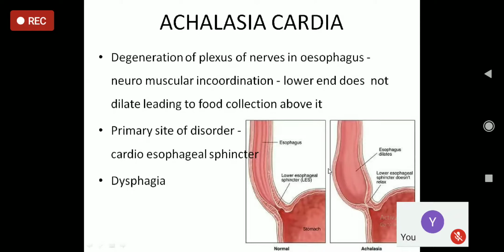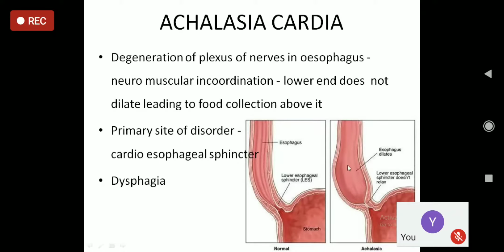So the primary site of achalasia cardia is the lower end of the esophagus, that is the cardioesophageal junction, where the lower esophageal sphincter is present. In this condition the lower esophageal sphincter fails to relax normally.